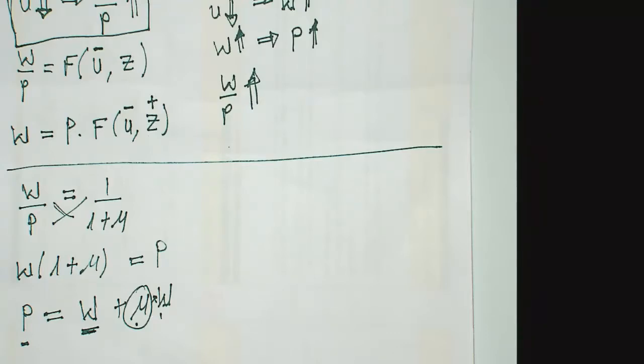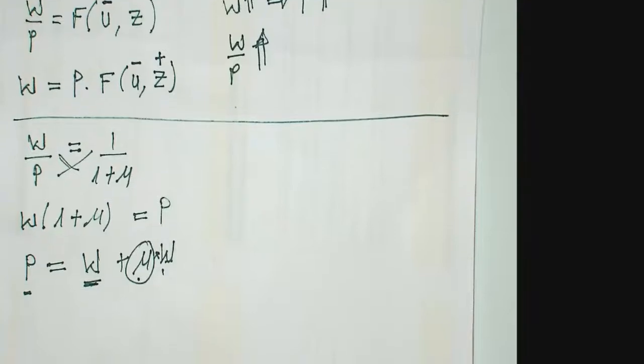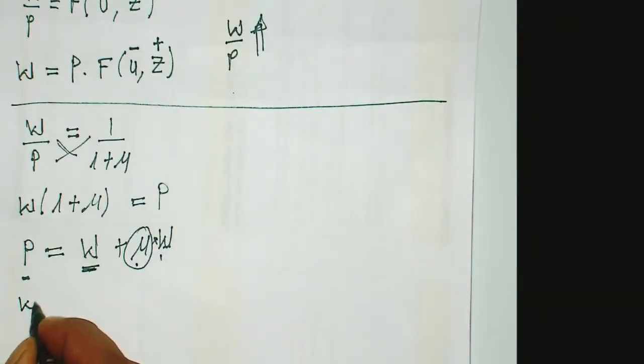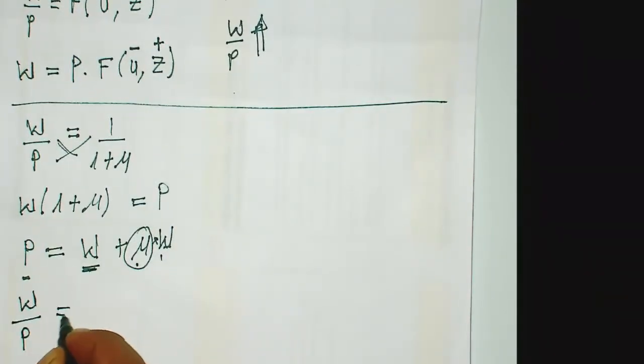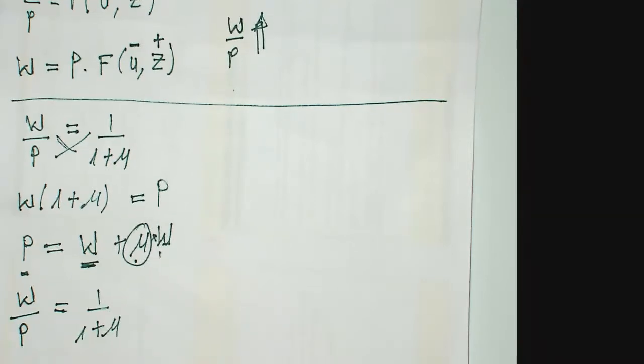So this formula indicated in our question, which says real wage W over P is equal to 1 over 1 plus mu, is called the price setting equation, because as we have said, to set the price, companies would take into consideration what wage they are paying.